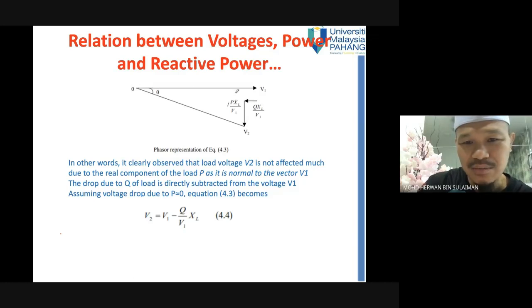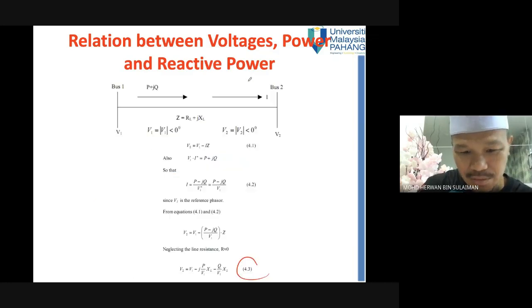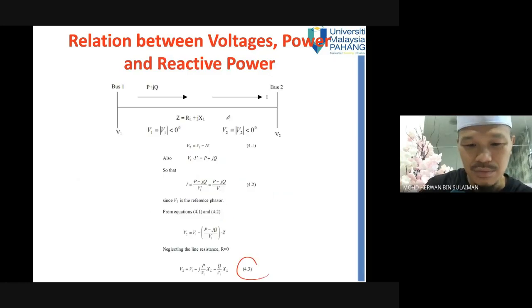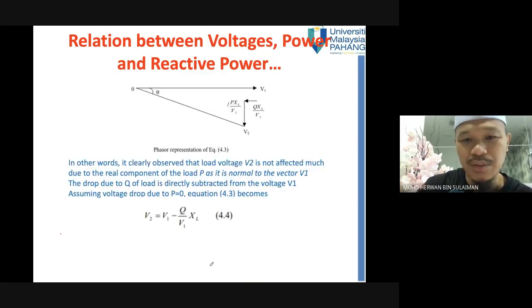Then minus j goes downward, so that's why for V2 here we have an angle. Then minus P over V1 XL and minus Q over V1 XL: minus P because it goes downward, minus Q because it goes to the left. So this is the representation.